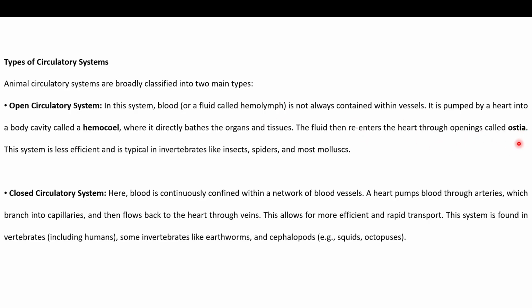These ostia-like pores we saw in the porifera, right? Sponges. So the fluid then re-enters the heart through openings, and this system is less efficient and is typical in invertebrates like insects, spiders, and most mollusks.